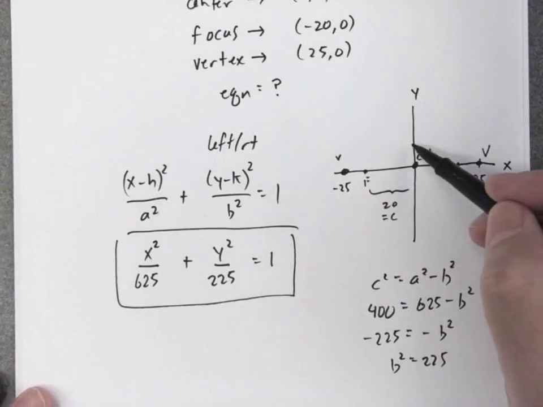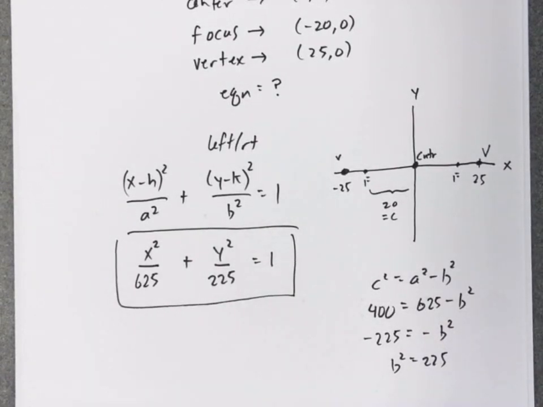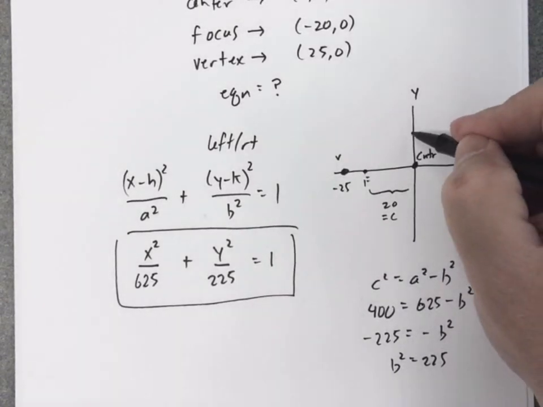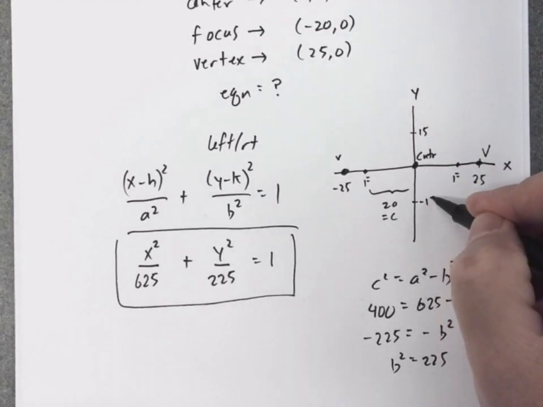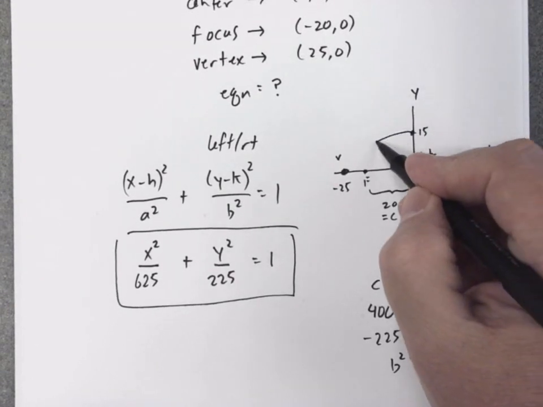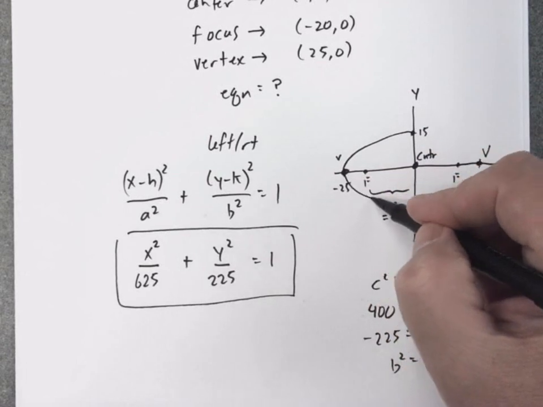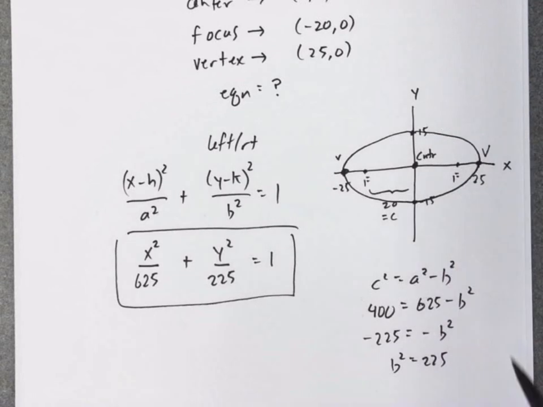I know the vertices are here, I need to graph the distance b. I need to see what the square root of 225 is as a number. Oh, it's 15. So let's just say maybe 15 is right here, and then -15. So there's approximately what this ellipse would look like.